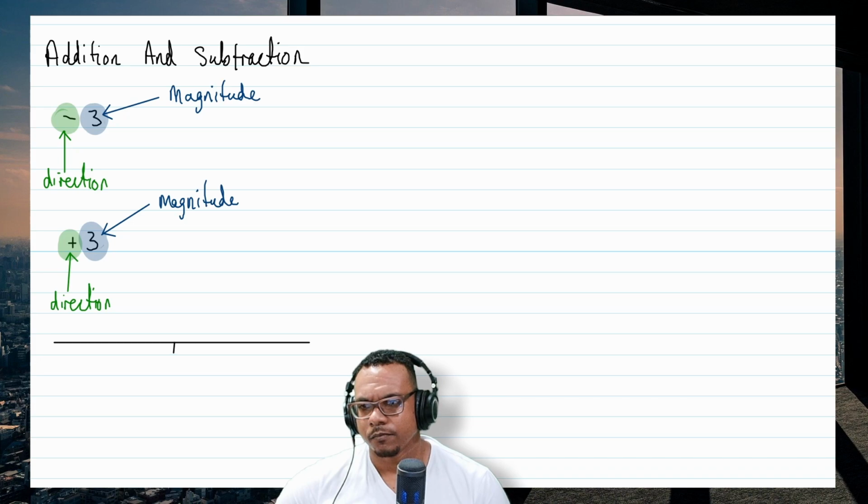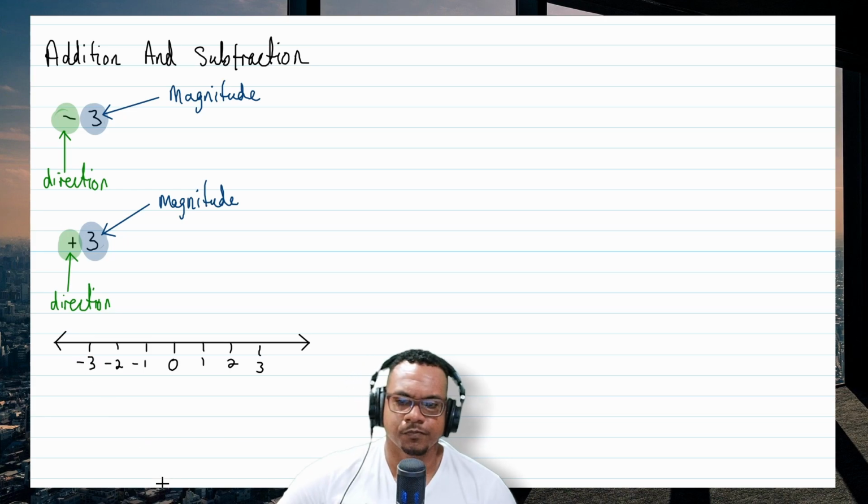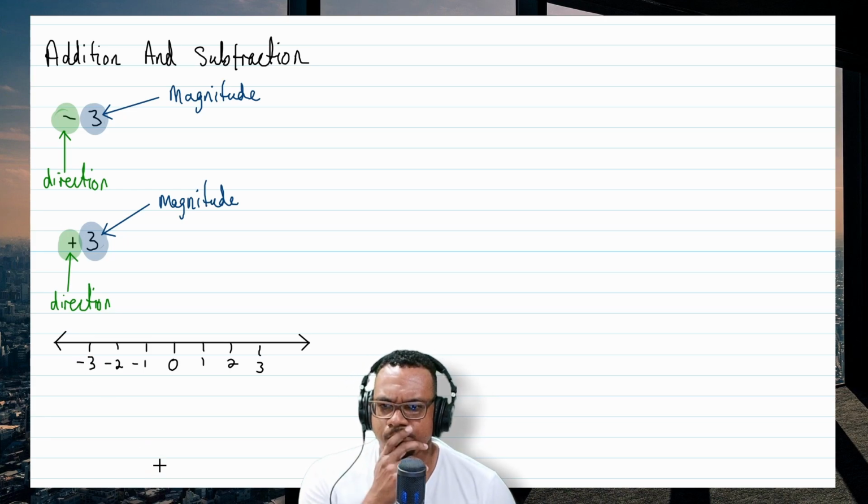The middle here, with an arrow going this way and an arrow going this way. So 1, 2, 3 going like that. Here we have -1, -2, -3 going like that.